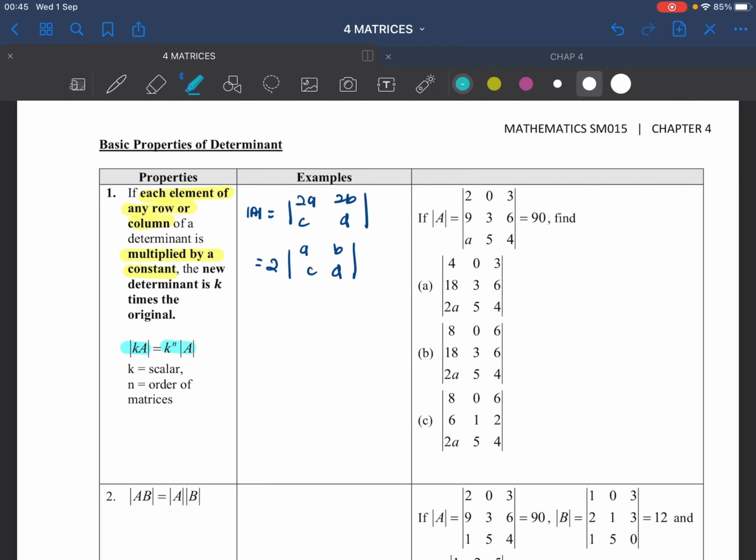So apa maksud to the power of n tu? Let's say kalau saya ada determinant of B is equals to 2A, 2B, 3C, 3D. Sekarang for the first row, saya boleh keluarkan 2. And then for the second row, saya boleh keluarkan 3.